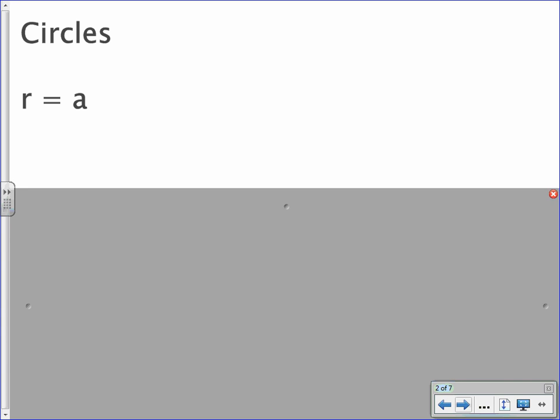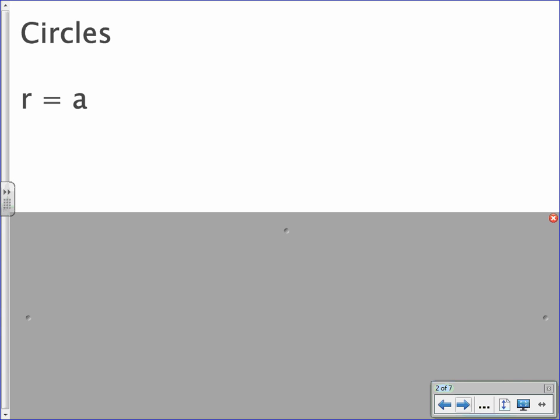If we have R equals a number, where's the center of that circle? The origin, we're going to call it the pole. And A represents the radius. Okay.